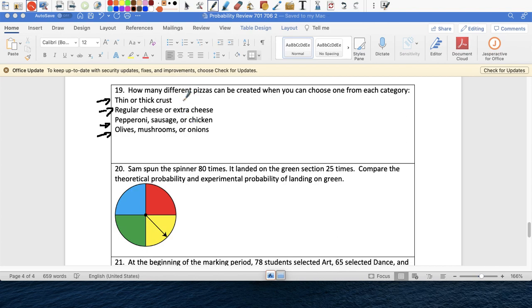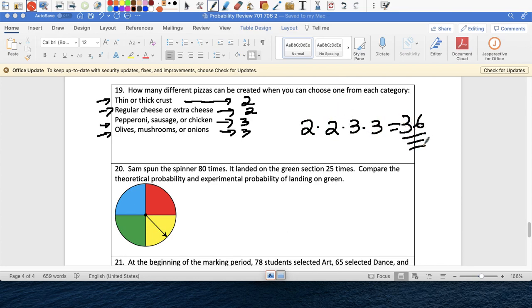So here there are two choices, here two choices, pepperoni, sausage, or chicken is three choices, olives, mushrooms, and onions is three choices. So how many different combinations can we make? 2 times 2 times 3 times 3. So the total number of different pizzas we can make would be 36. Now we have to work on a few tree diagrams later.